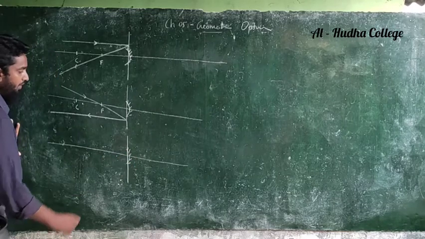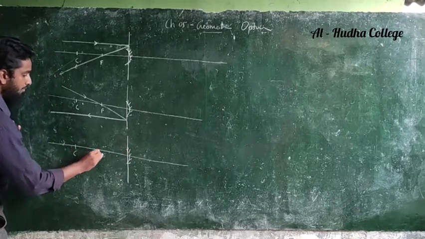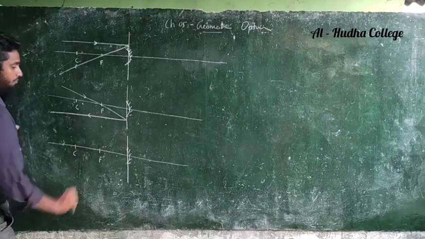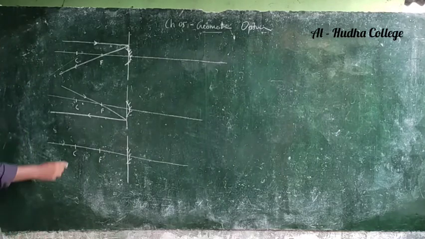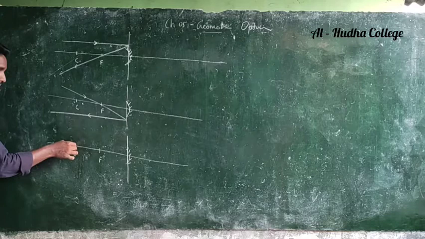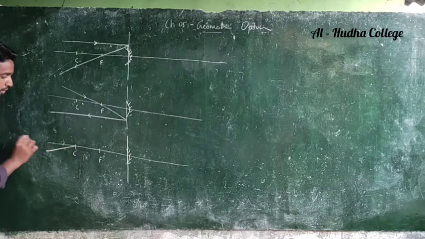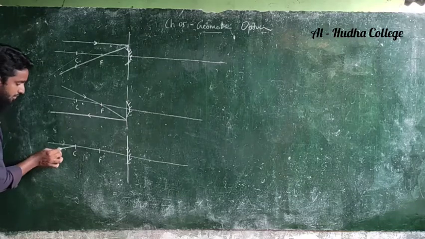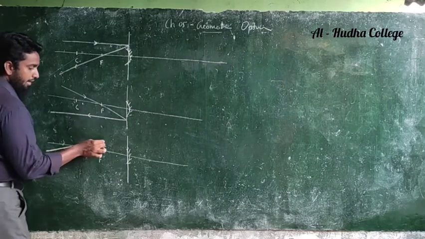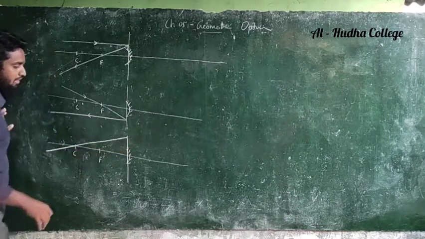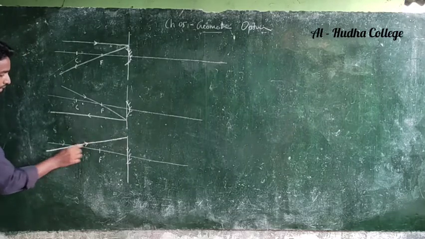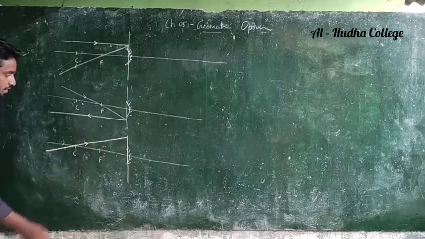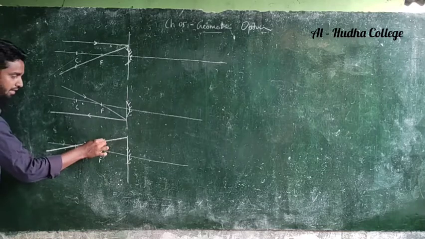Now you have another basic ray diagram, which is the ray which is coming through the center of curvature.